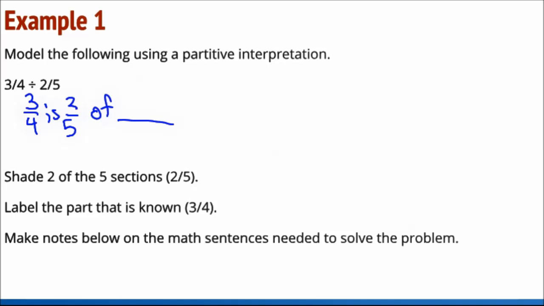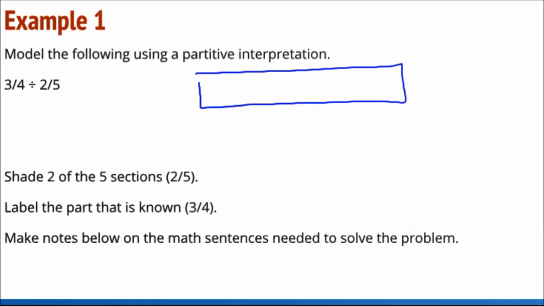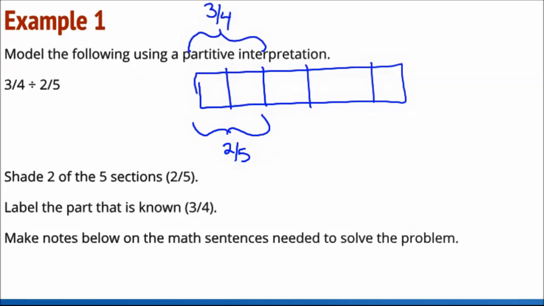And so what we would do, kind of stepping through this here, we're going to create our 2/5. 1, 2, 3, 4. So here is my 2/5, and we know that 3/4 is the 2/5. Three-fourths is 2/5 of what number?